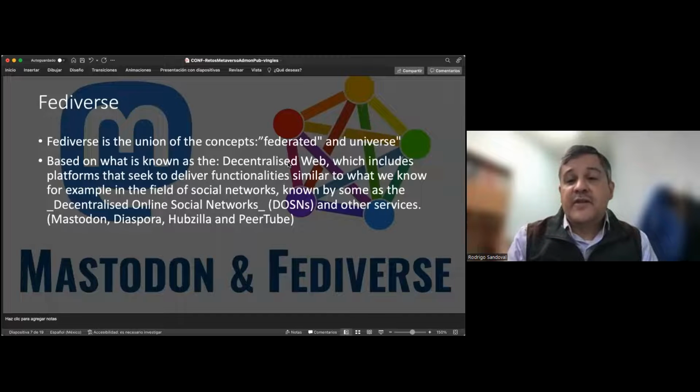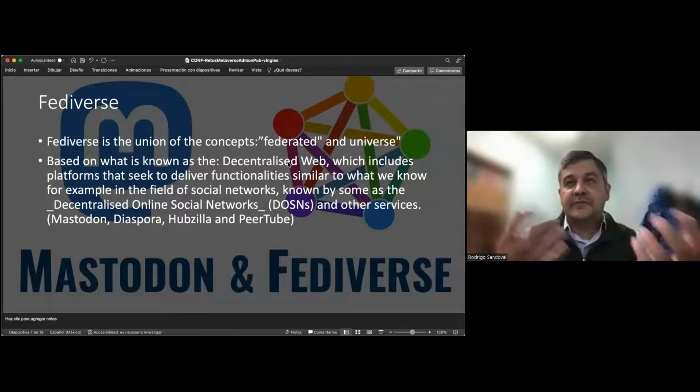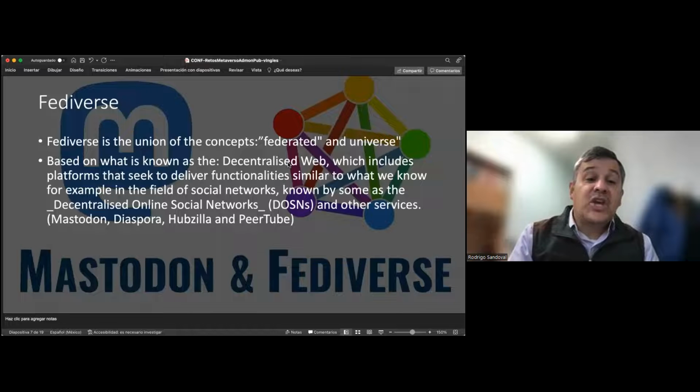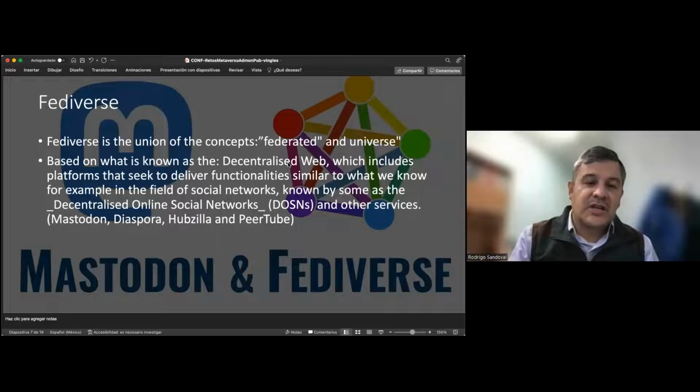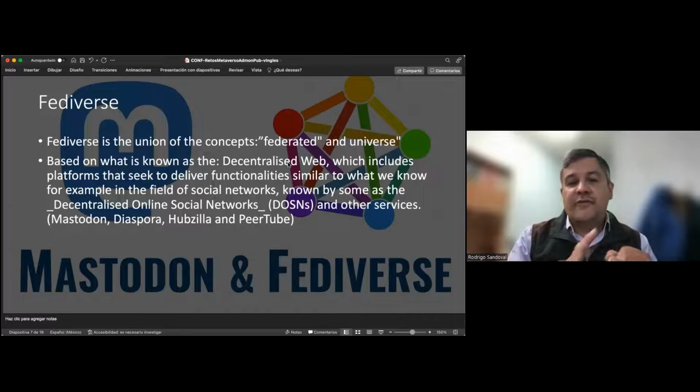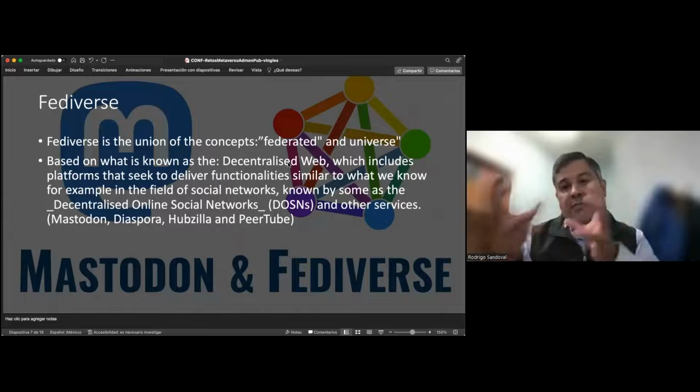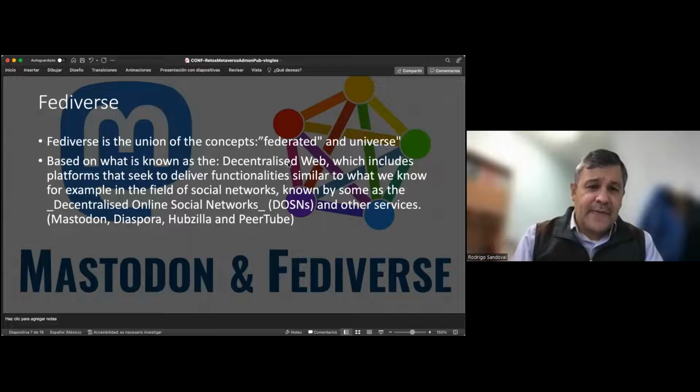This Fediverse is something like a decentralized web in which we can have completely different applications to interact in the metaverse, rather than the ones in the Western side, like Twitter or Facebook. Here, the Fediverse proposes Mastodon, Diaspora, Hubzilla, and PeerTube as a complement.